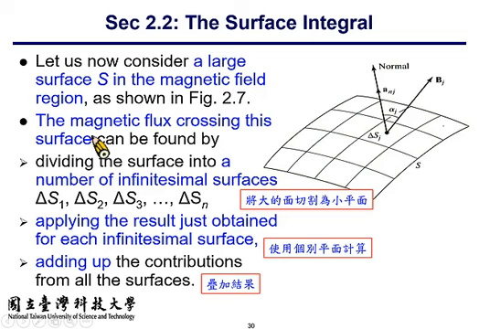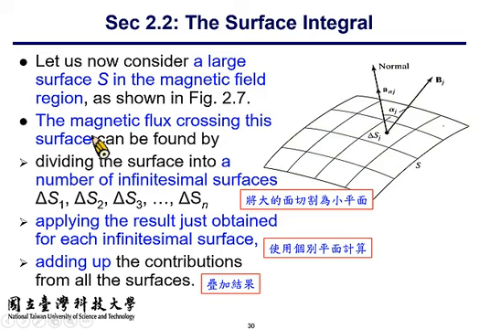How small should it be? It should be small enough so that all the normal directions on this small surface can be approximated by a single vector.